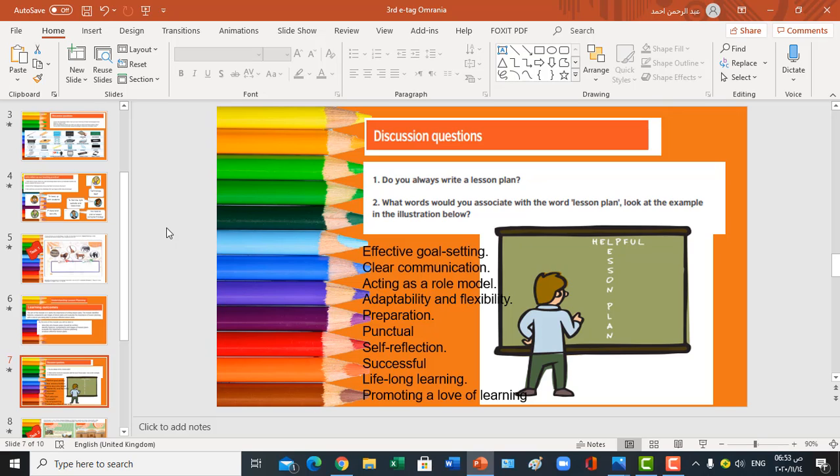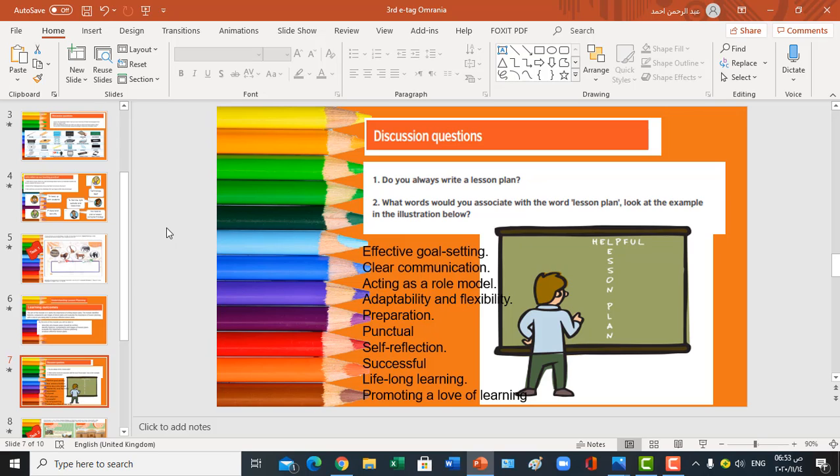Here is L for helpful, and we give you some examples like E for effective. The teacher should be effective, and P, for example, for preparation or punctual. The teacher should prepare his lesson well and be punctual, come on time, and so on.